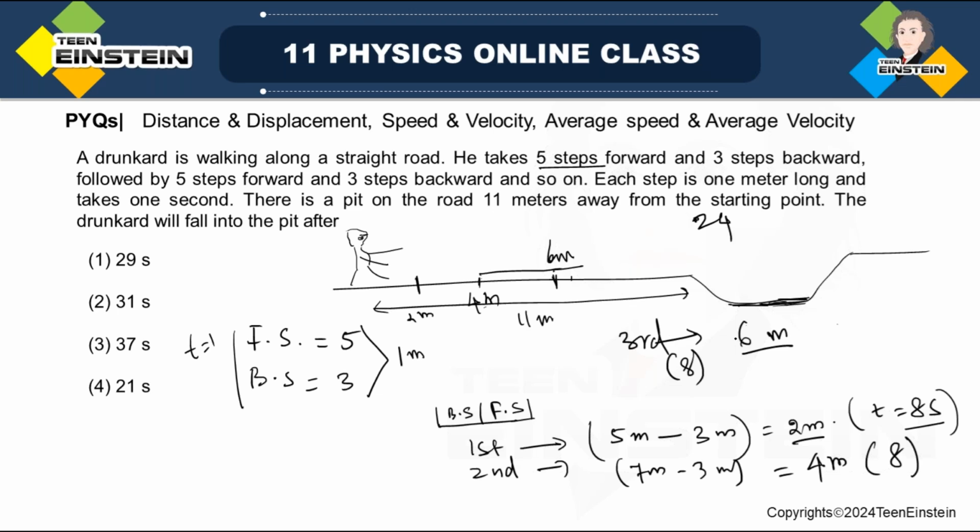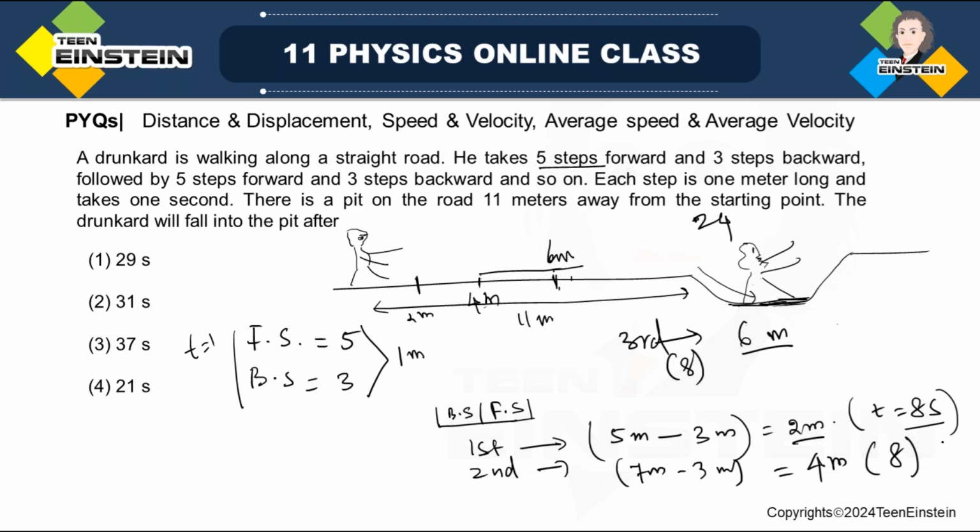Now when he is at 6 meters and takes 5 forward steps, he will be inside the ditch. So by the fourth attempt, he will be here.